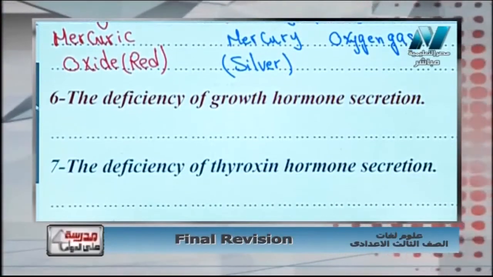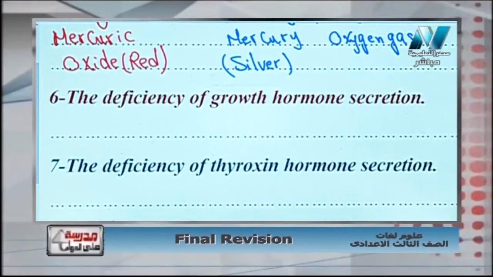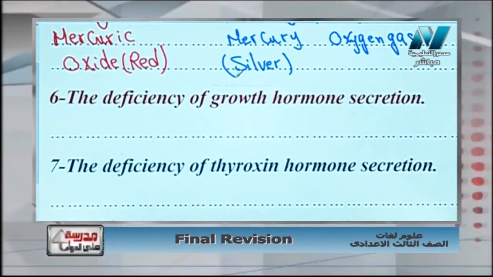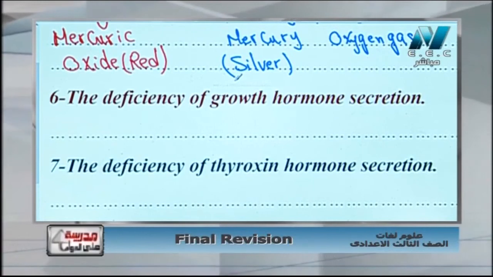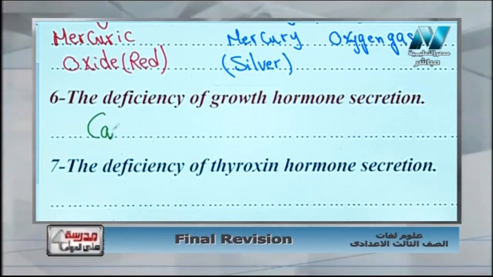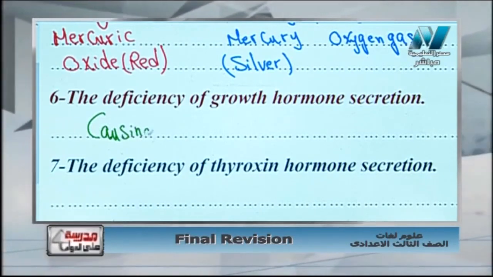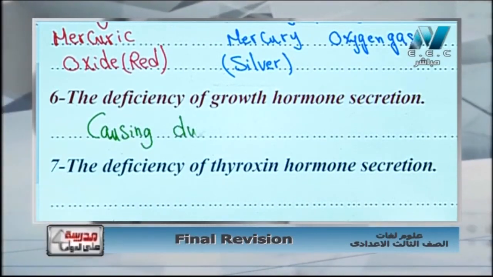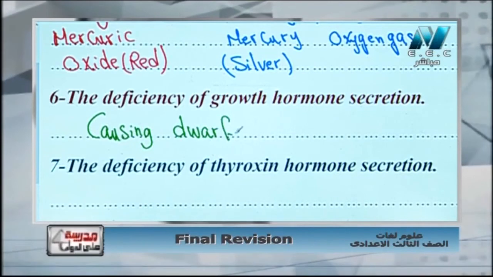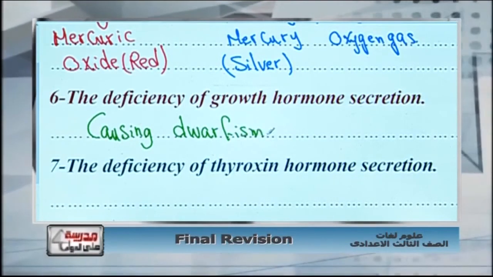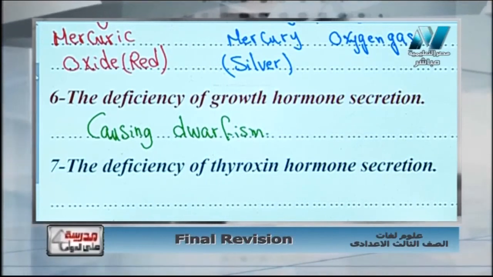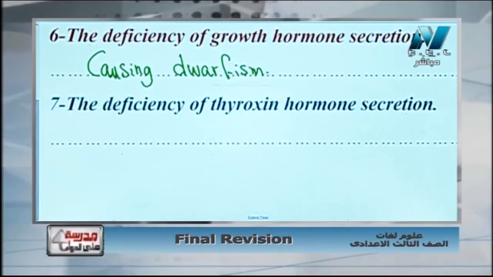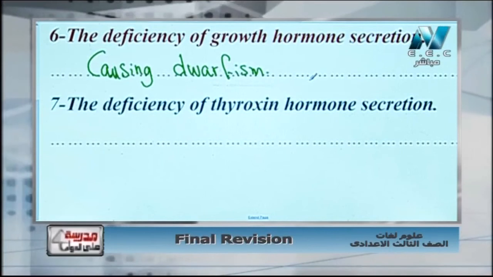What happens in this case as we talk about the deficiency أو نقص of growth hormone؟ نقص هرمون النمو طبعا هيسبب ايه؟ طبعا causing dwarfism. طيب here we have deficiency of thyroxine hormone secretion.